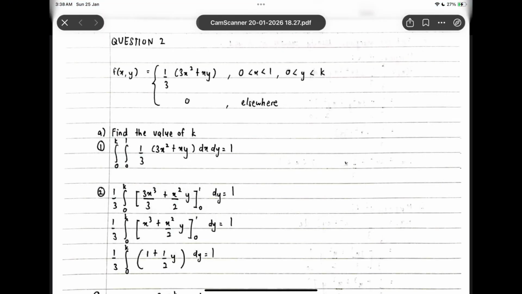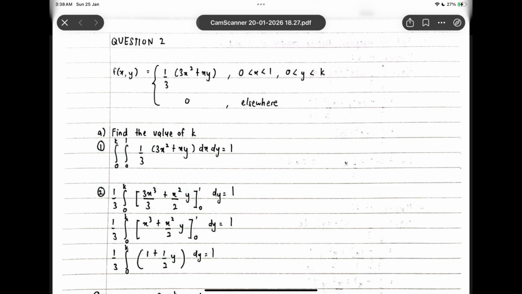Okay, so we are going to move on with question 2, whereby this is a joint PDF question. For part A, we need to find the value of k. First step, we need to integrate with respect to x first, like this.